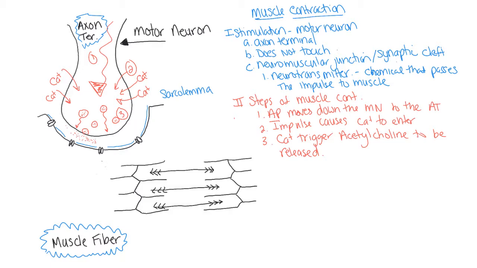Step 4, the acetylcholine, or I'm going to write ACH for an abbreviation, moves into the synapse. Once it goes into the synapse, it's going to bind with the sarcolemma.